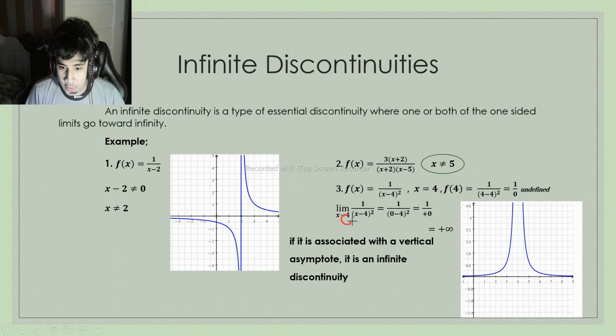I mean x approaches 0, sinubstitute yung value ng 0 sa x, magiging 0 minus 4, negative 4. Tapos, in-squared, diba? Positive 16. So, pataas yung point natin. Tapos, ang point of discontinuity natin ay 4.